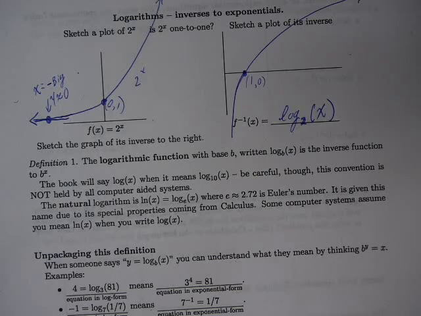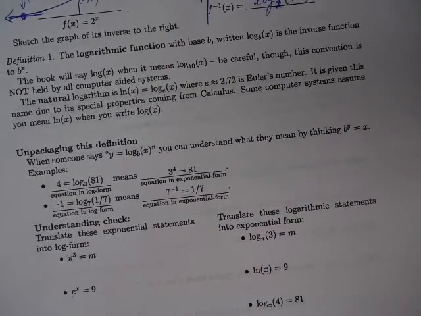So let's see what analysis we can get done just by thinking about these inverse functions. The first thing to know is what inverse functions mean. When someone says y equals f inverse of x, that means if you plug y into the function you started with, you better get x back.